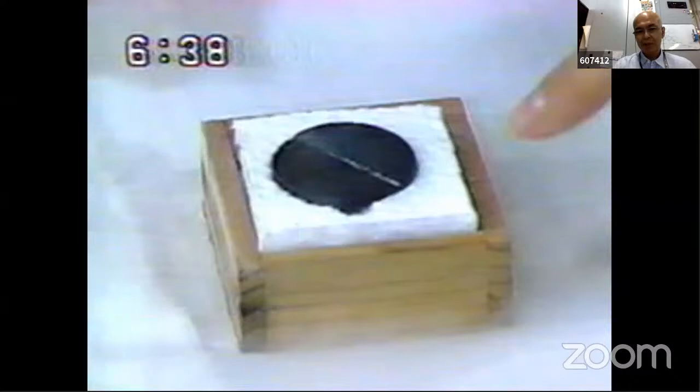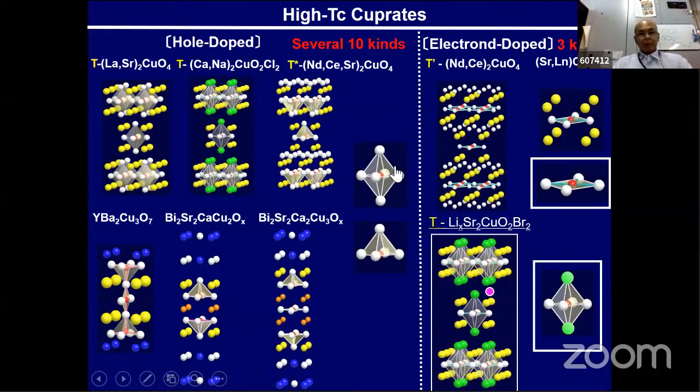However, it is not so easy to make this kind of wire. So the basic properties, this is very important from now. This is the basic crystal structure of the high TC cuprate. High TC cuprate is a ceramic and also has a low dimensional structure, we say a two-dimensional structure.